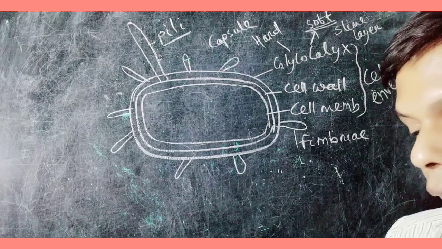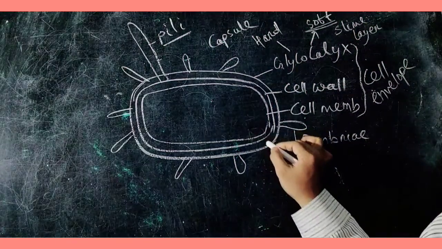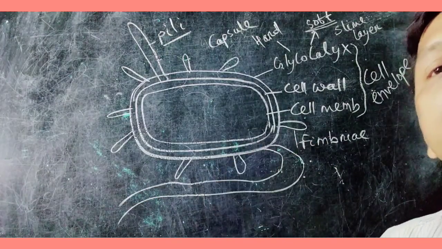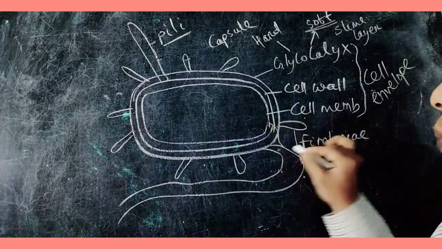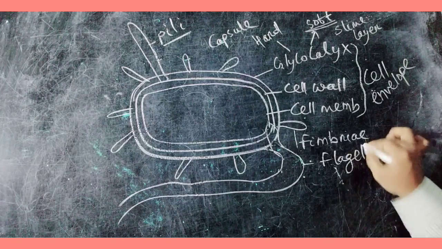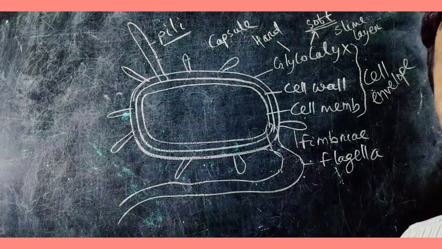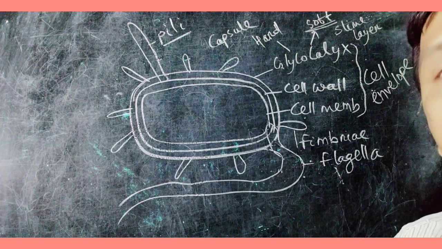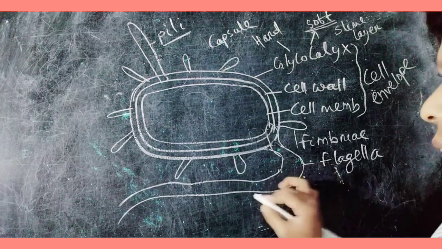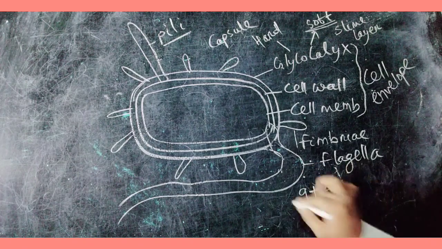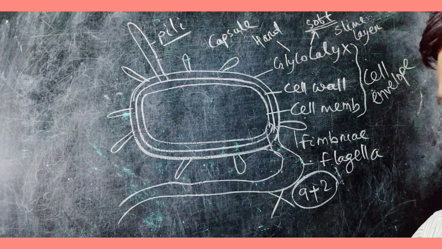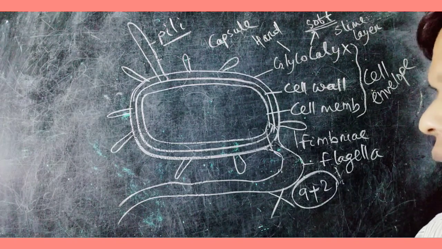Okay, in some cases there are flagella. The flagella may be single or many flagella arising from the membrane. This is flagella. The flagella is formed of flagellin. Tubulin is found in eukaryotic cell, but here it is flagellin. This flagella does not have the 9+2 arrangement; the 9+2 microfibrillar arrangement is absent, as we have already discussed.